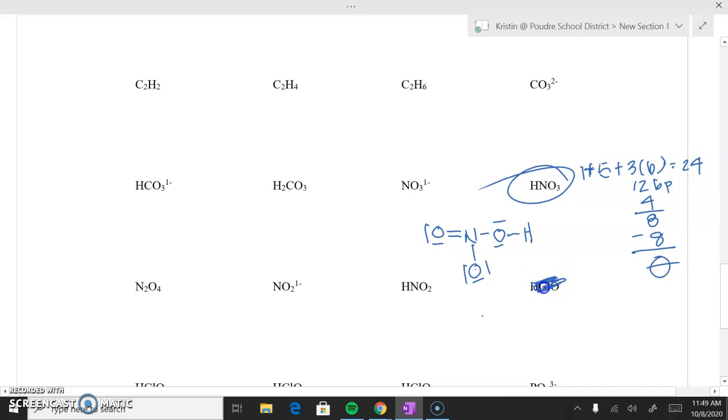You could do this as well. You just don't want to double bond the oxygen that has the hydrogen on it. It just isn't as likely since that oxygen is already kind of sharing between 2 other atoms. So you double bond the oxygens without the hydrogen.